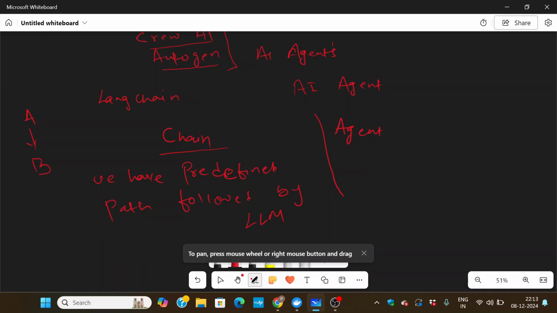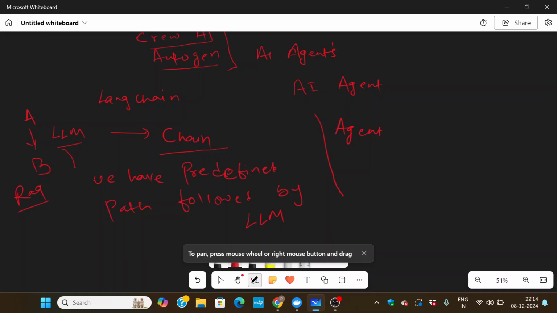The path to be followed by the LLM is defined in chain. Let us take an example of RAG. If you are not familiar with RAG, it is one of the particular technologies in generative AI where you can question and answer your documents. This is not a topic for RAG, but I will tell you.